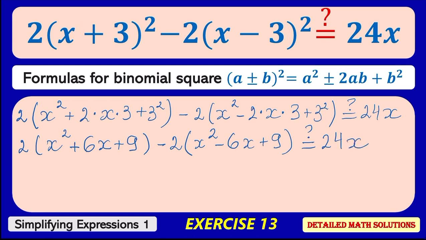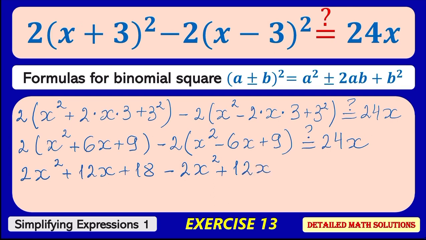When I open parentheses and multiply 2 by each term within the parentheses, I get 2x² + 12x + 18 − 2x² + 12x − 18. And I need to see if this equals 24x.